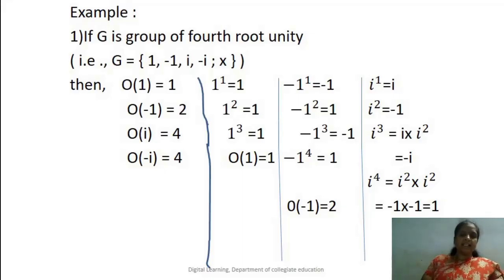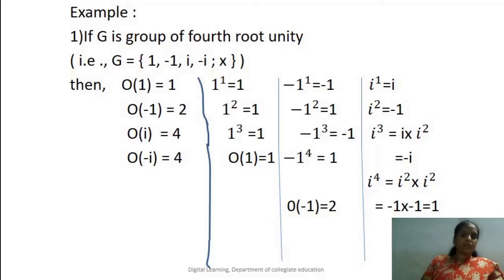Next, let us take the element -1. -1 to the power 1 is -1. Then -1 into -1, taking -1 twice, becomes 1.